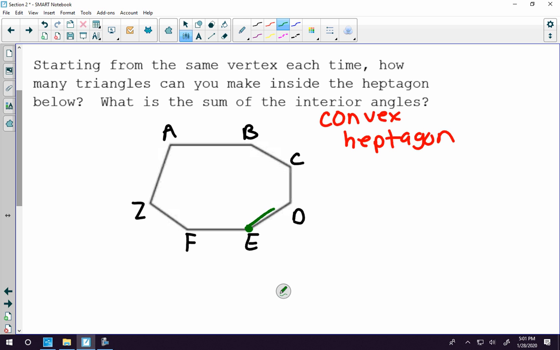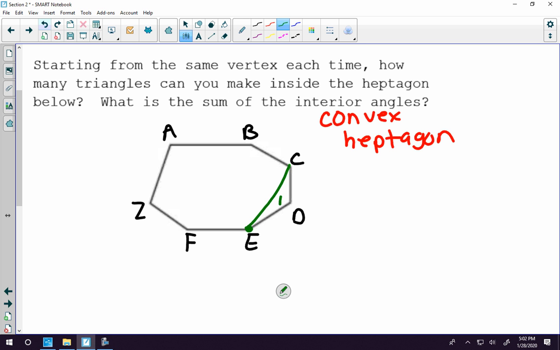Well, if I went from point E to point D, I couldn't make a triangle. So I won't go from point E to point D, because that won't allow me to make a triangle. If I go from point E to point F, that doesn't create a triangle either. Okay? So starting at vertex E, going to vertex C makes a triangle. I'm going to say that's triangle number 1.